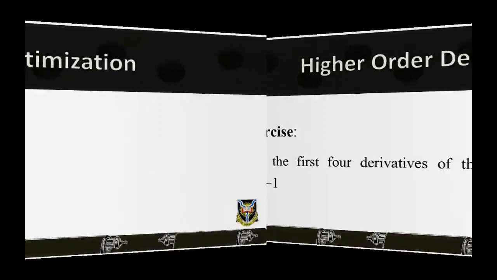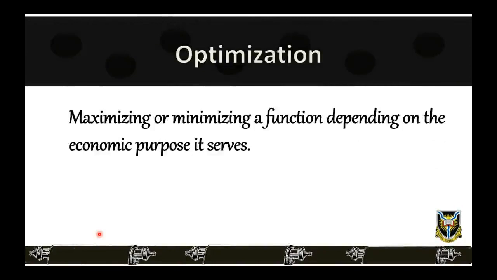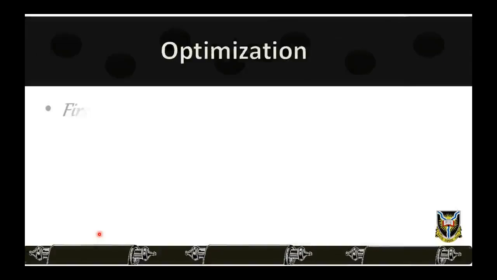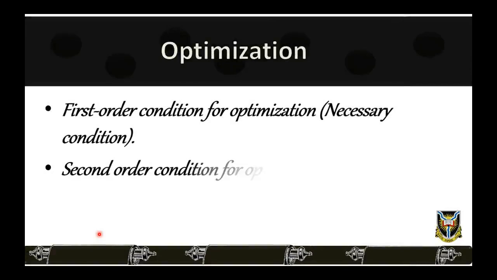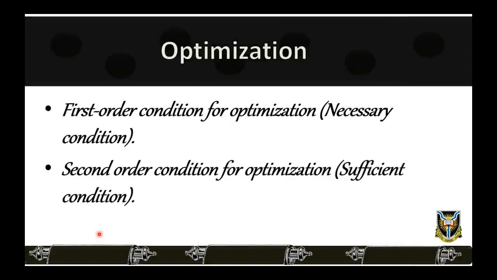Optimization. This involves maximizing or minimizing a function depending on the economic purpose it serves. 1. First order condition for optimization. For any function to reach its optimum point, the first derivative must be equal to 0.